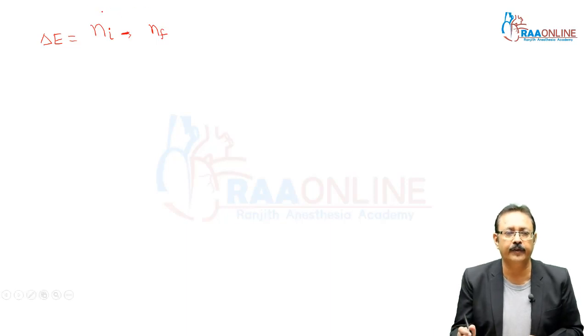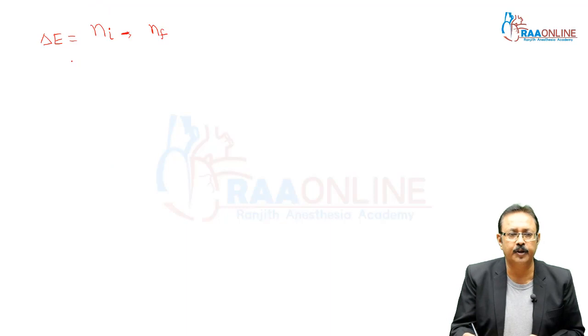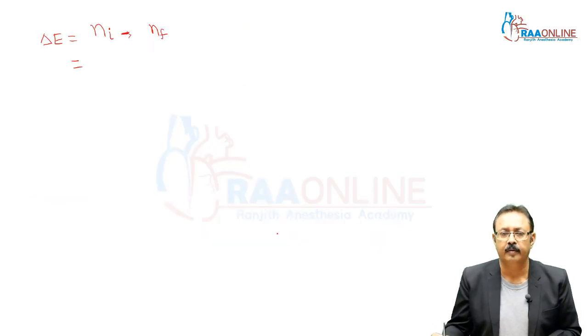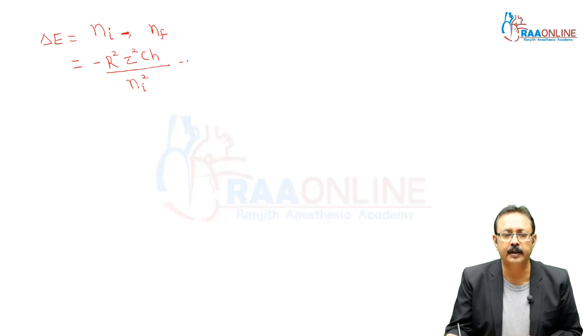By the formula, delta E should be equal to minus R Z square Ch by N square, which is Ni square, minus minus R Z square Ch, which is constant for all orbits, by Nf square, minus minus plus R Z square Ch by Nf square.